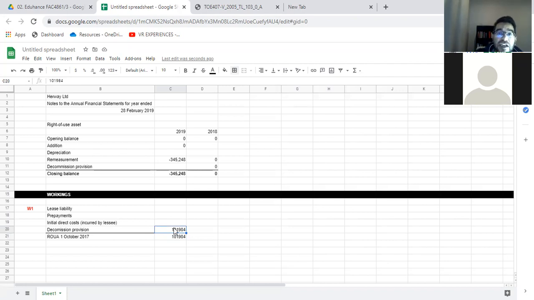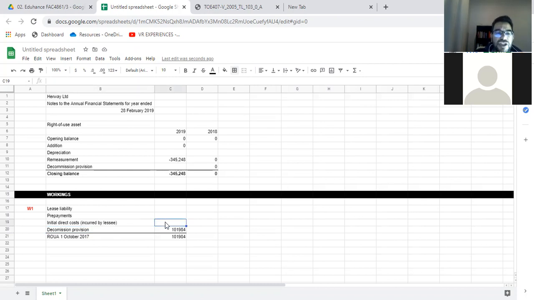So every year, you're going to have to recognize an interest expense against the decommission provision. A lot of people will forget it, but don't you forget it. The one part is still to do the depreciation against the actual asset, but you must also recognize the expense relating to the decommission provision. Please be aware of that.